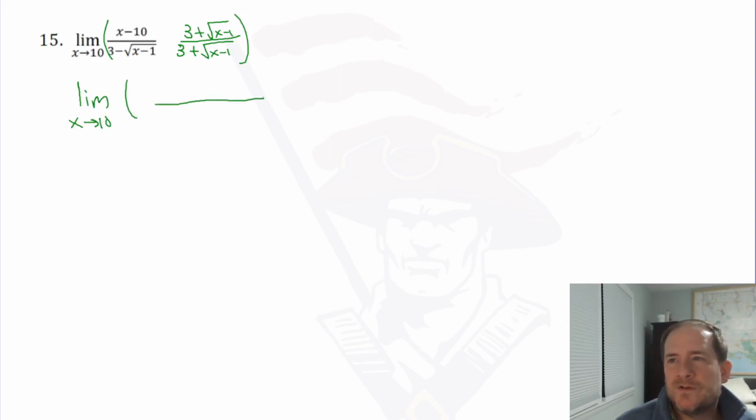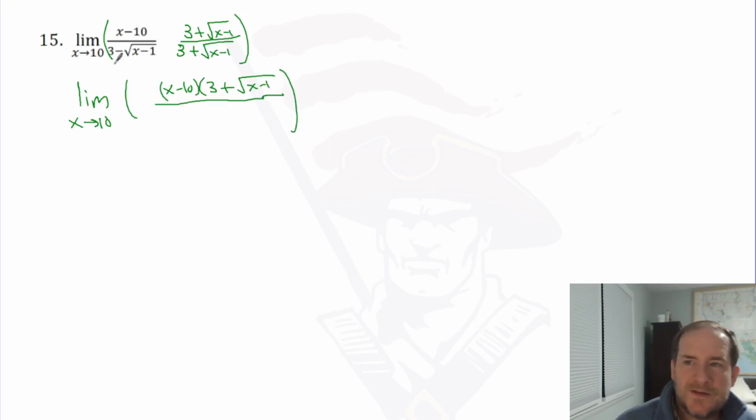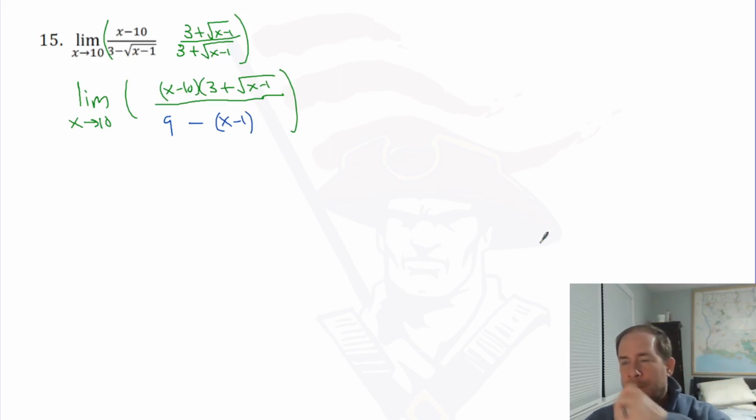So upstairs, we're going to leave it as an x minus 10 times a 3 plus a root x minus 1. Now downstairs, we have to FOIL. Down here, we go 3 times 3 for a 9. The middle terms cancel, but my last term would be minus an x minus 1 in parentheses, because we're subtracting the whole thing. So what does that get us?